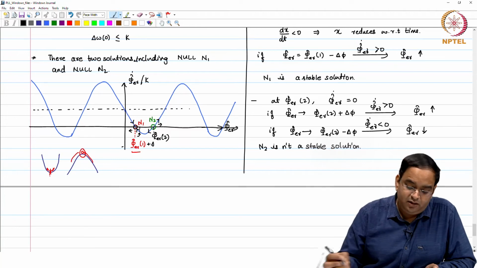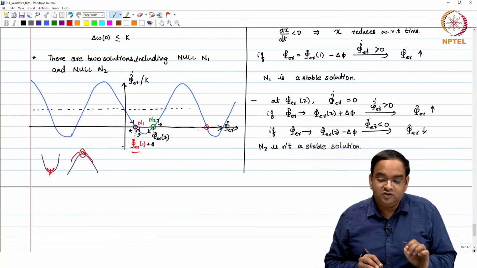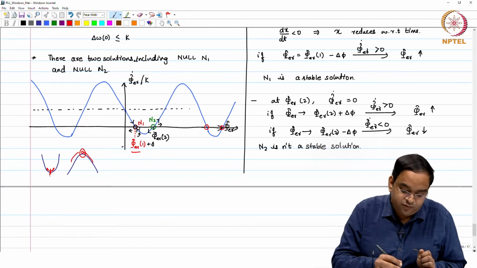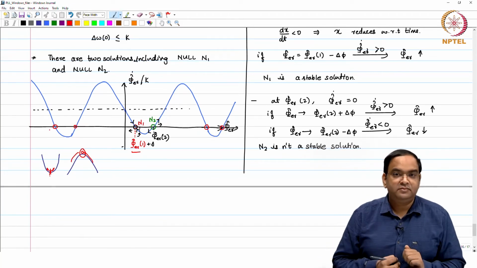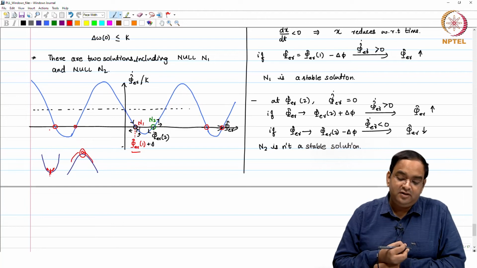So, I can plot for a lot many values. Here you see that these solutions N1 and N2 do not exist only at two particular points in this plot, but there are many such points. Sine wave is periodic in nature and you see many solutions.